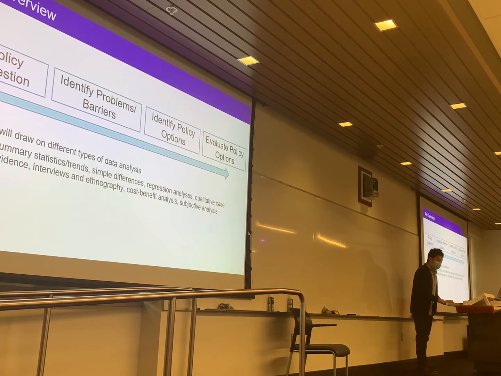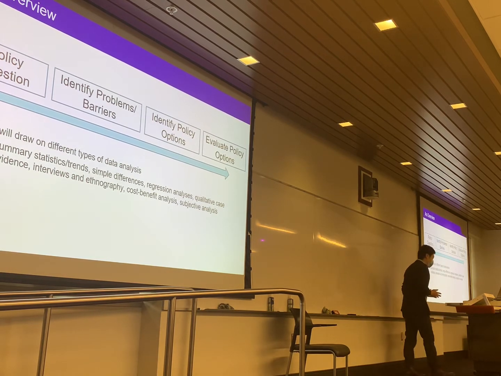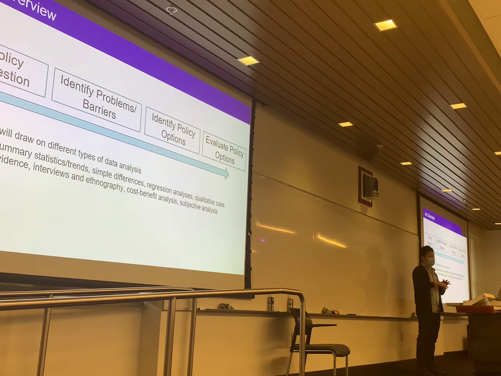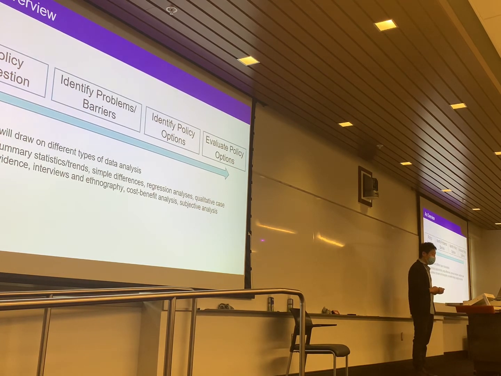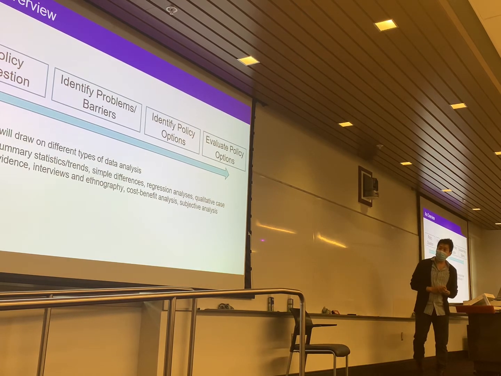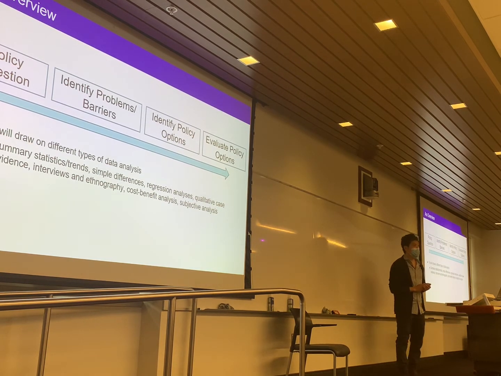Okay, so when we talk about data analysis, again, there are many types of quantitative analysis and qualitative analysis. These are the ones that are often used, okay? Summary statistics and trends, okay?